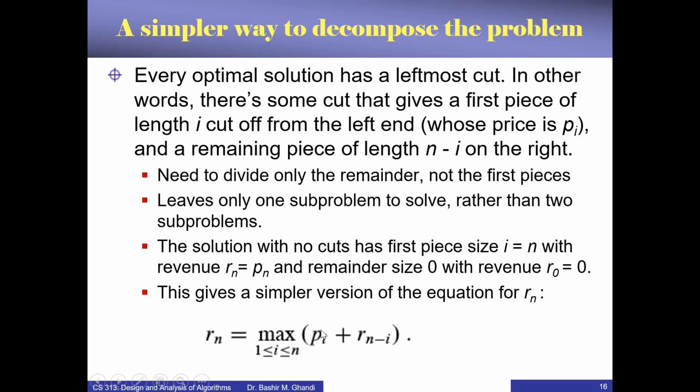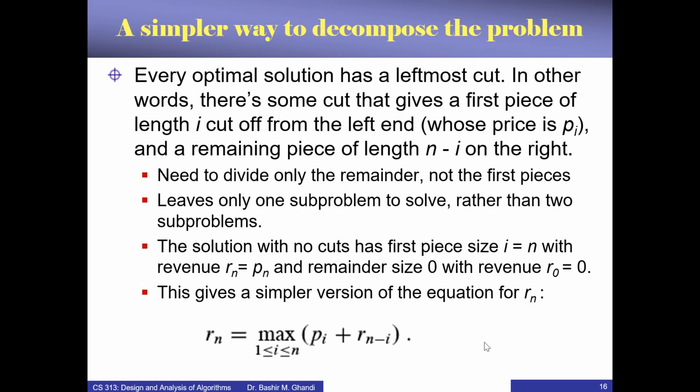So we know its price. Just look for it from the table. It's going to be Pi. We only need to solve for the right hand side. So this is a better characterization than the first one. And it is also having all the properties required for applying dynamic programming. So this is the one we are going to adopt.